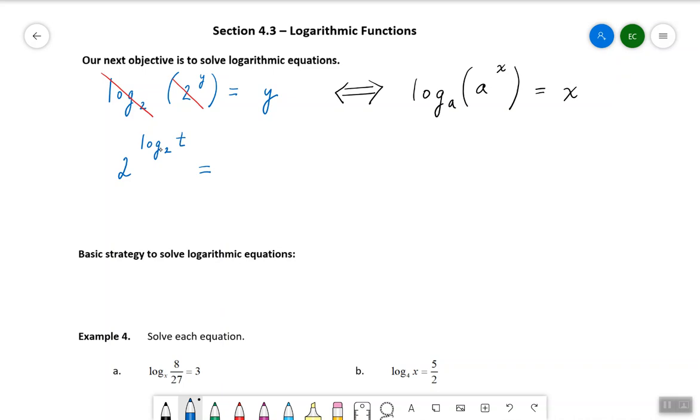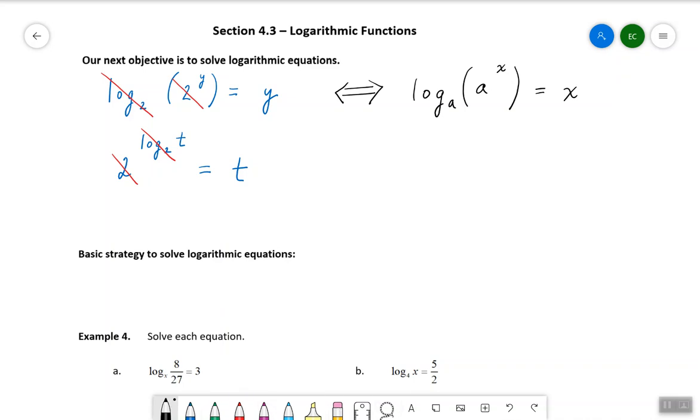First, we apply the log base 2 to that t, and then we apply the base 2 exponential to that. So there are two operations on the t: the log base 2, and then the base 2 exponential. And of course, those are opposite operations, so they cancel each other out. So what are we left with? I bet you said t.